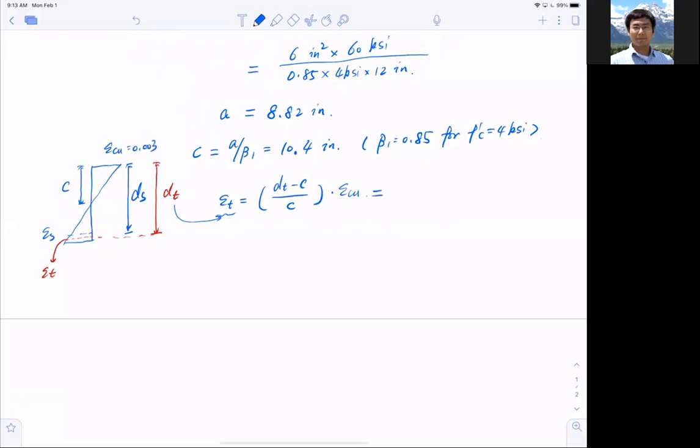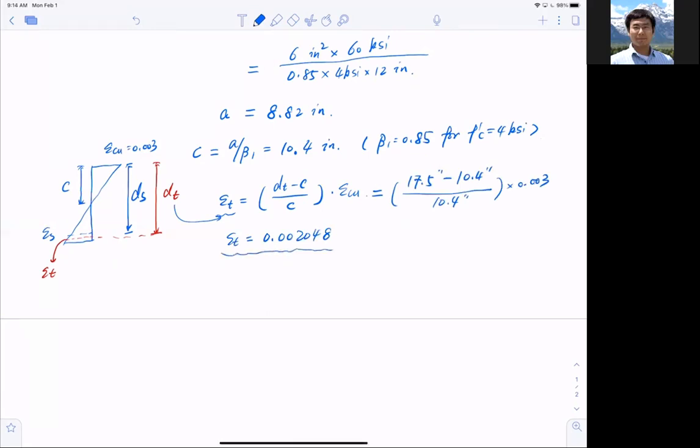So you bring the numbers in: dt now is 17.5 inches, and c we just calculated is 10.4, so divided by 10.4 and multiplied by 0.003. With this, you get the tensile strain of the steel equal to 0.002048.